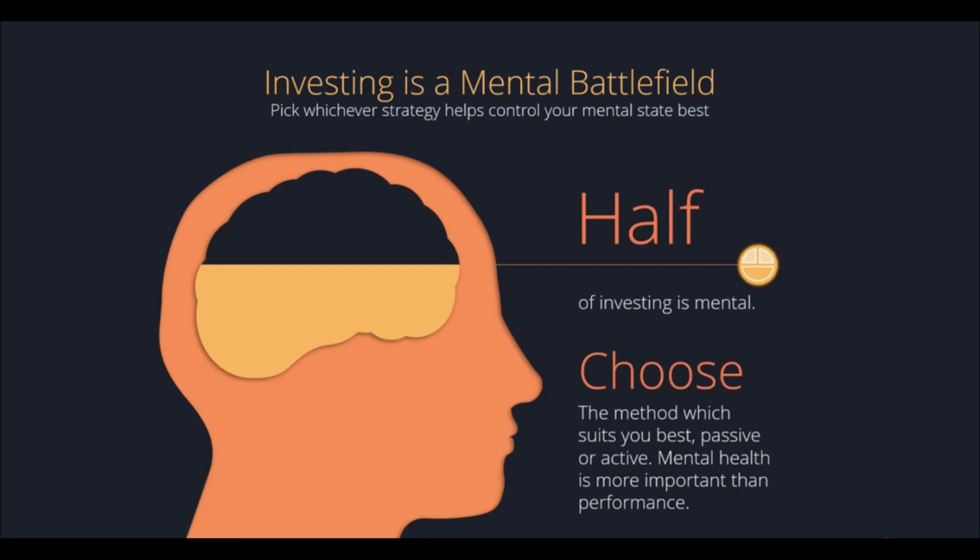In fact, I would say almost all of the time that should be the case. Active investing doesn't give you an excuse to take on extremely large risk because at that point you're moving over into the world of gambling. So try to note what works best for you and what controls your risk the best and controls your mental state the best. And that method of investing is going to be best for you.